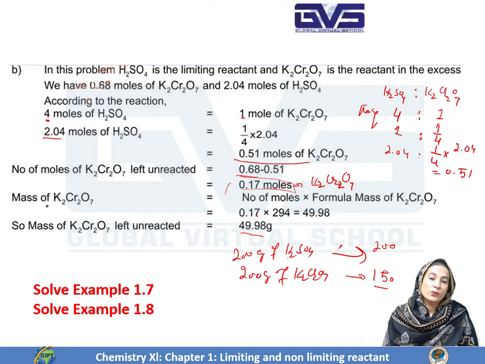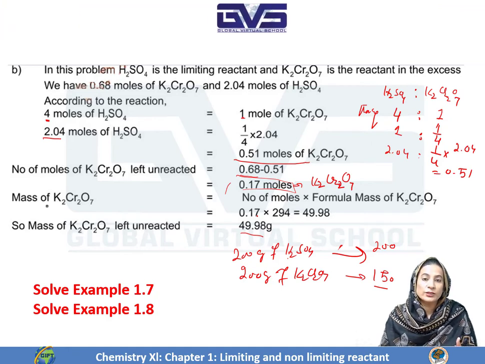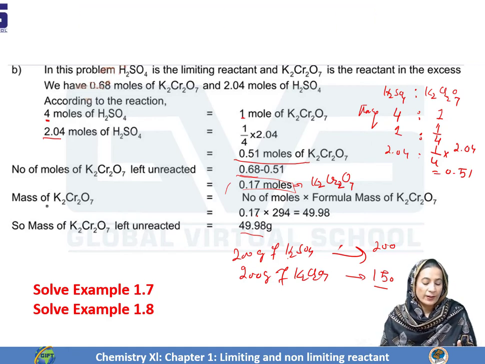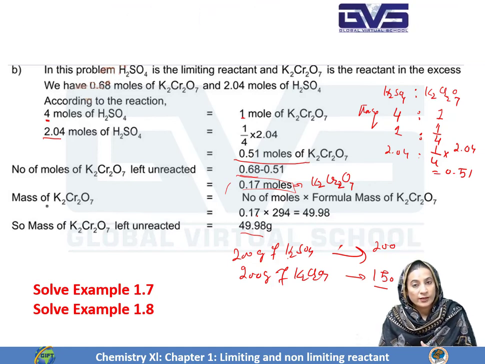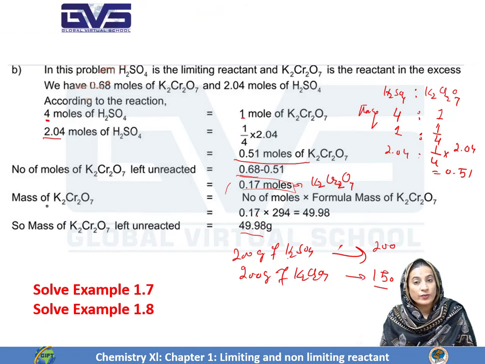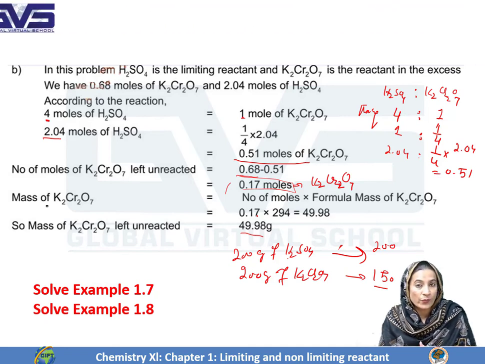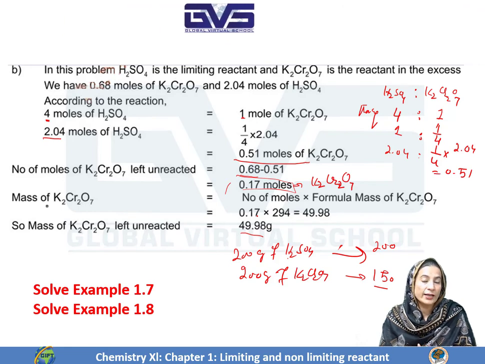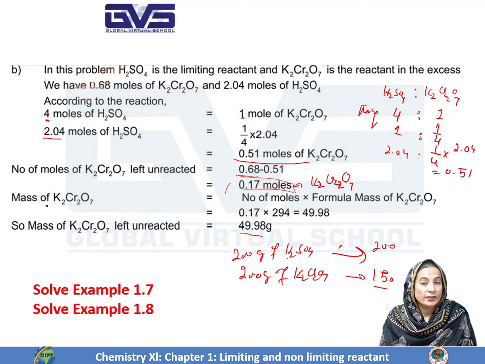Whatever question you are given, these are the steps you have to follow. First of all, convert the mass of all the reactants into moles. Then with the help of the moles of the reactants, calculate the moles of the product. Then identify which reactant is giving you fewer moles of the product. On the basis of that, calculate the mass of that product. Then you have to calculate the unreacted.